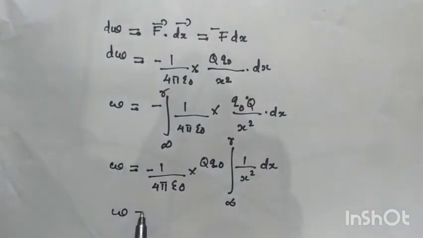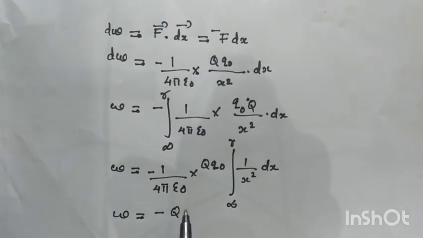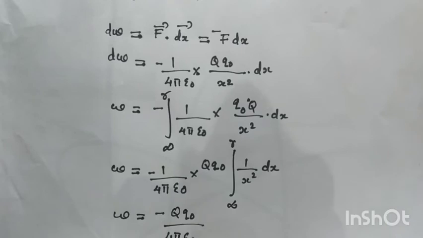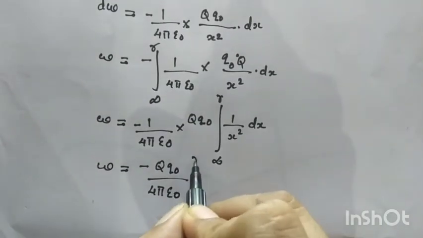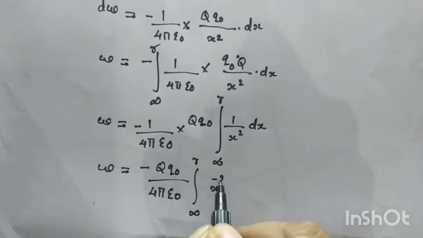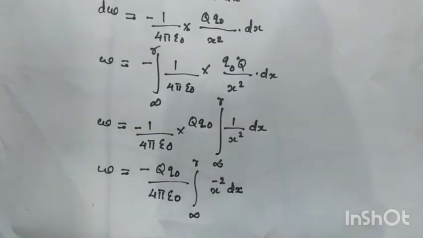So W is equal to minus Q Q0 by 4 pi epsilon 0 times the integral from infinity to R of x raised to minus 2 dx.